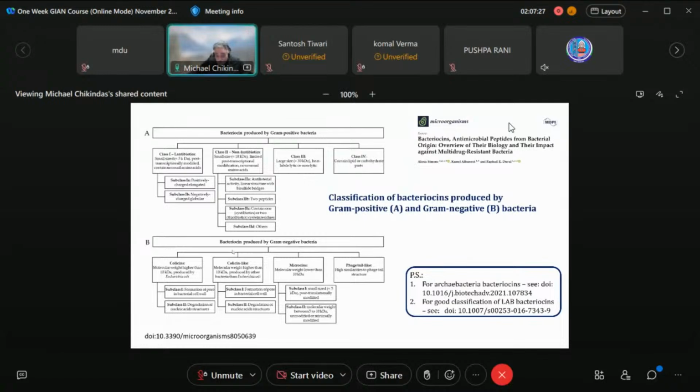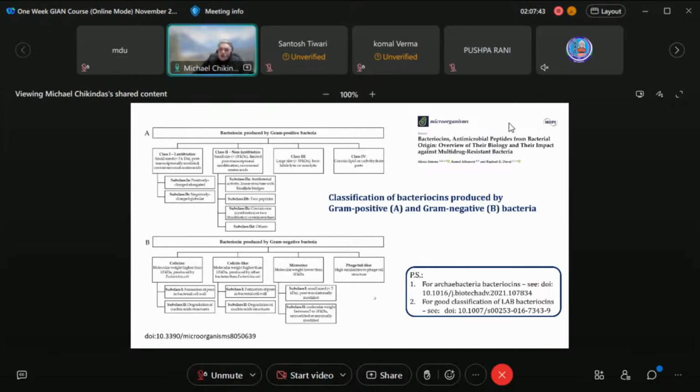For gram-negative, we have colicins, microcins, and pyocin type.